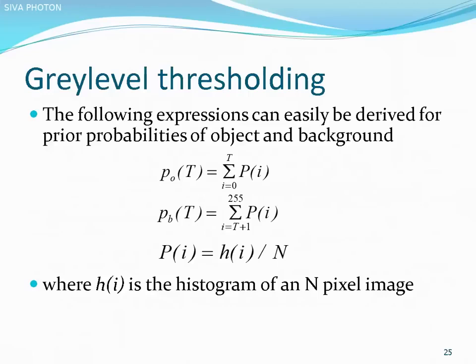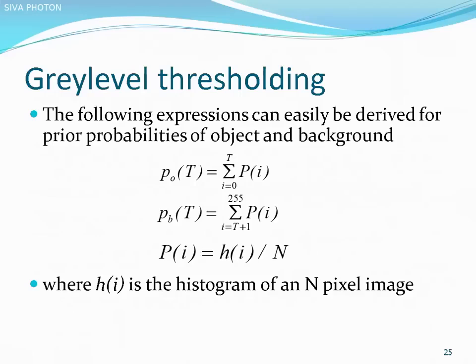Based on these probability equations, we can derive P_O of T equal to the summation from i equal to 0 to T of P of i. For the background, it is i equal to T plus 1 to 255.